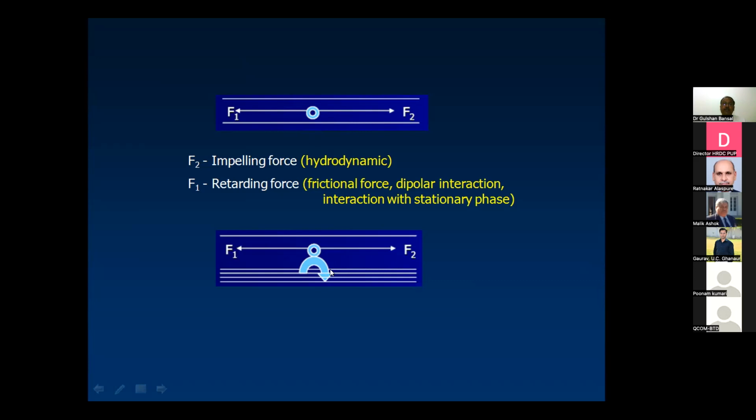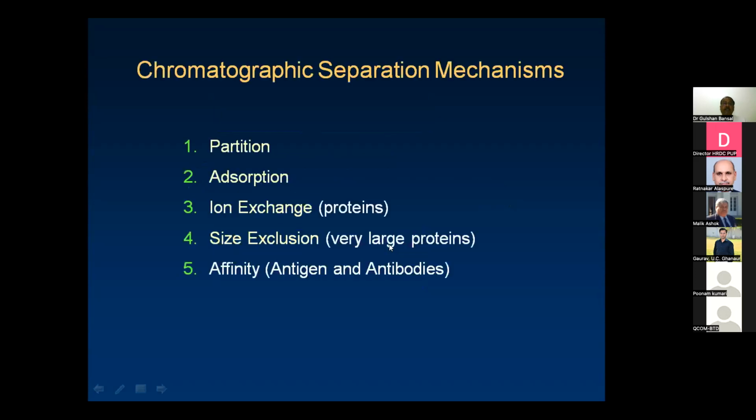It adheres to the stationary phase through certain interactions, that may be hydrogen bonding interactions, that may be ionic interactions. Because of those interactions, the solute may adhere to the stationary phase, so it is a retarding force. This adherence retards the movement of the solute, while the movement of the mobile phase pulls the solute along. So depending upon which force is more predominant, whether the impelling force or the retarding force is dominant, the solutes move to different extents, and as a result they get separated.